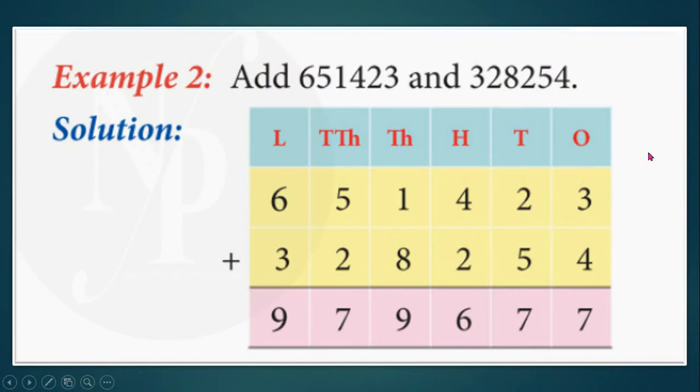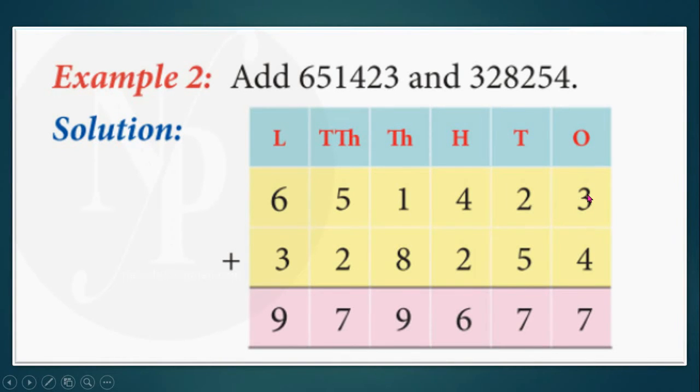Example number 2. Add 6,51,423 and 3,28,254. Here also you need to add similarly as explained in example number 1.